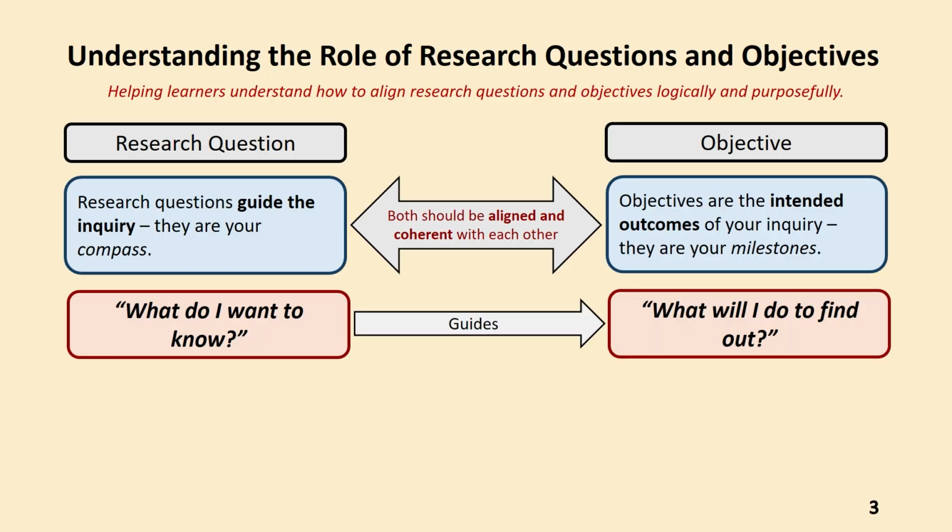It guides you. What will I do to find out? This is an interesting thing for a researcher to understand, what will I do to find out? What will be my steps?